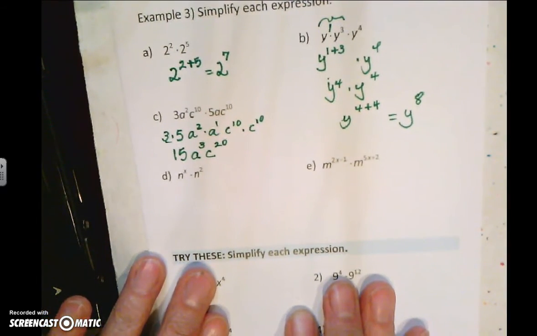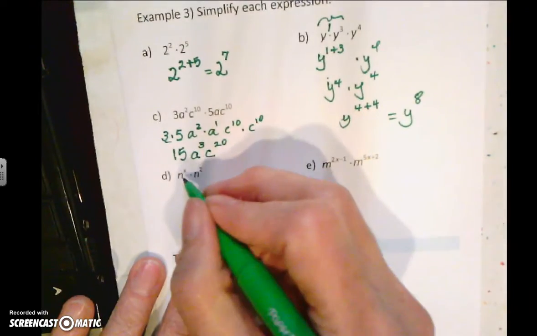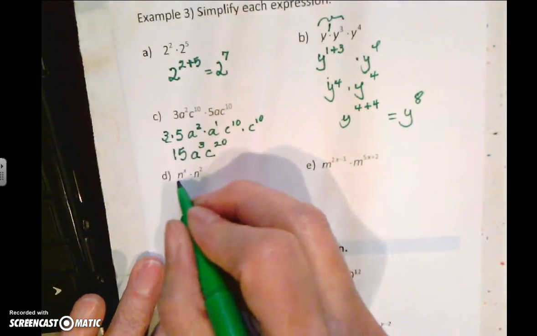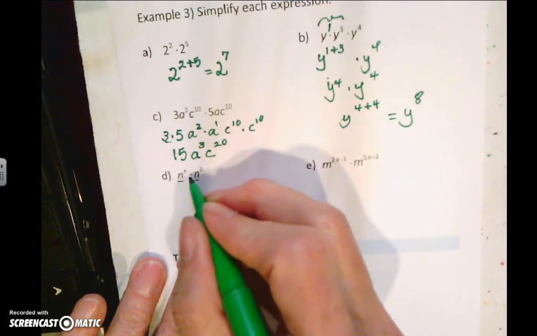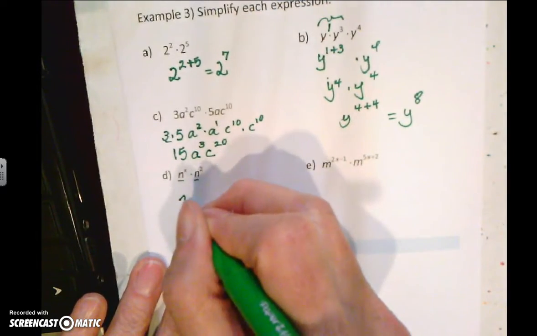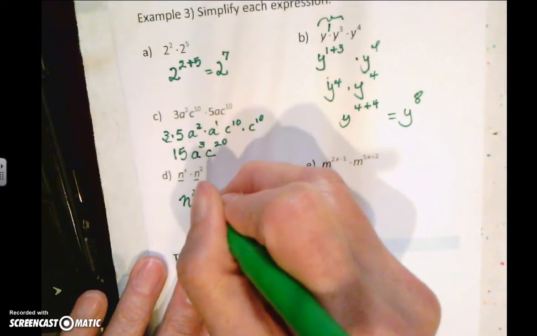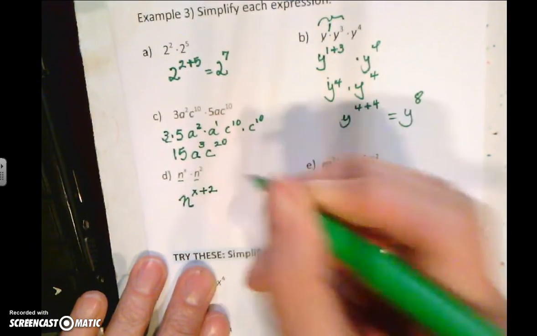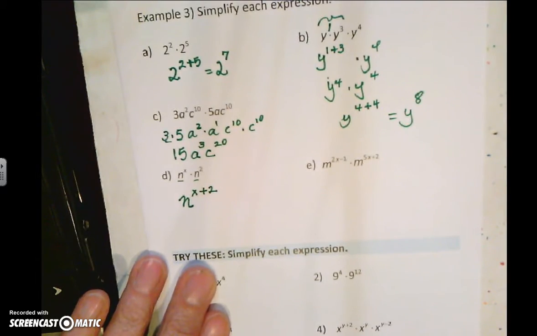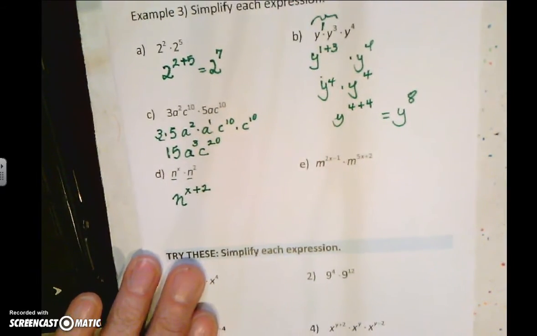D, this time I have a variable up here. But notice my bases are the same, and I'm multiplying. So since I'm multiplying, I'm going to do n, and then to the x, I'm going to add those exponents, x plus 2, and that's as far as we can go on that, since we can't add those exponents.